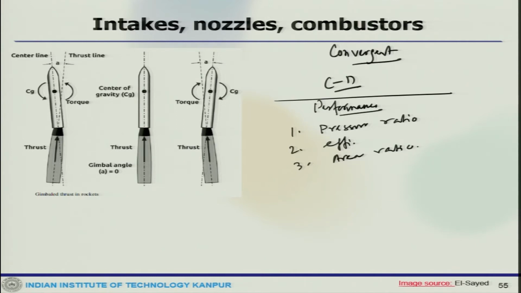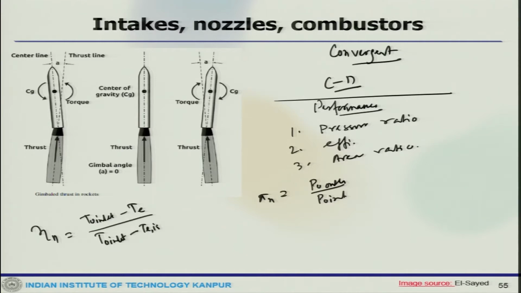Now, for the nozzle pressure ratio, one can find P naught outlet by P naught inlet, and the nozzle efficiency one can write as eta n is T naught inlet minus T exit by T naught inlet minus T exit isentropic, which is V e by V e isentropic squared.